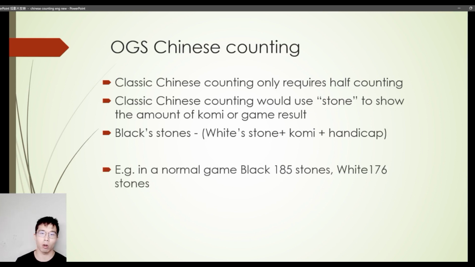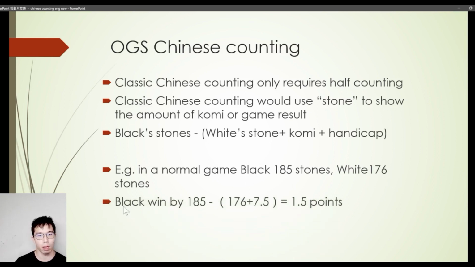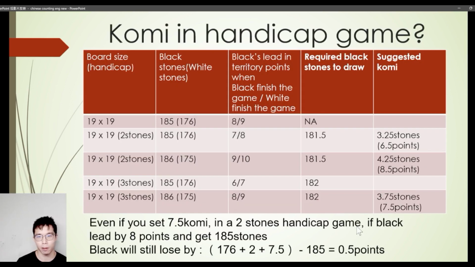For example, in a normal game, when black has 185 stones and white has 176 stones, black will win by 185 deduct 176 plus 7.5, and this will be 1.5 points. But the problem for OGS is that I think it is a bit misleading to use the points to represent the results in Chinese counting.